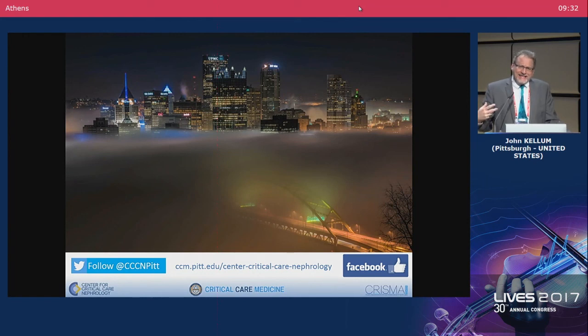The problem in the United States is that, because we're very penny wise and pound foolish, we think we can control costs by moving things around at the margins. So we tell people, oh, don't measure albumin and phosphate routinely. Just measure it when you need it. So you'll get back an electrolyte panel, and it will have sodium and chloride, and somebody will calculate the anion gap without measuring or thinking about the albumin or the phosphate.